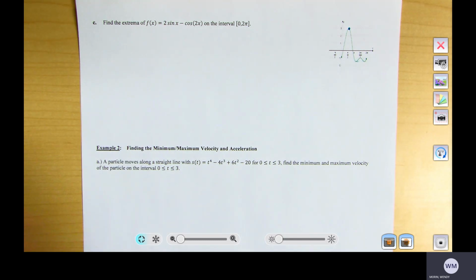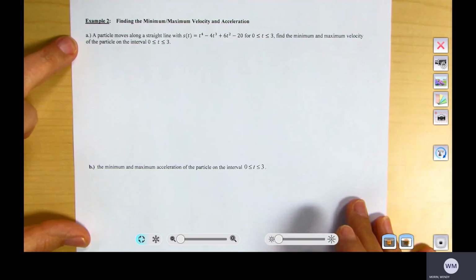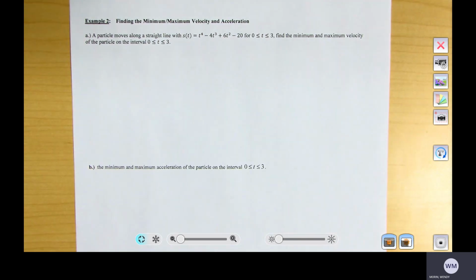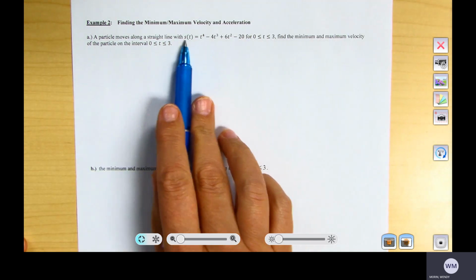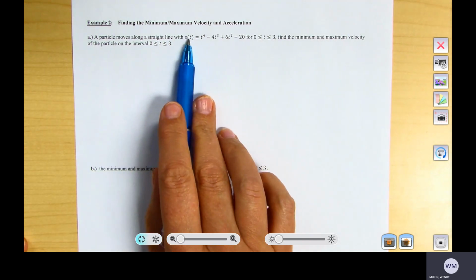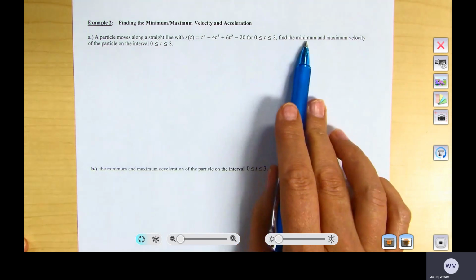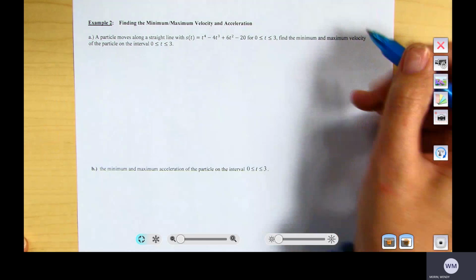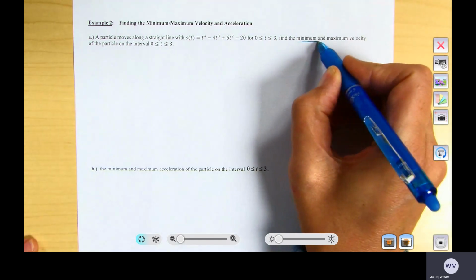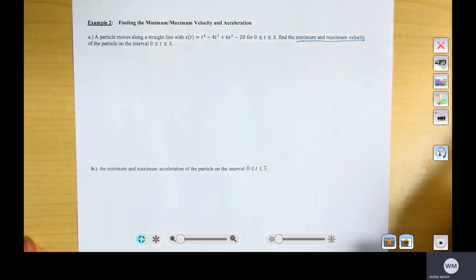And let me do one more. Okay, this is going back to particle motion. You have a particle that goes along a straight line. This is your s of t or x of t. And you want to find the minimum and maximum velocity of the particle. Now, think about what you're maximizing, or we call this optimization.